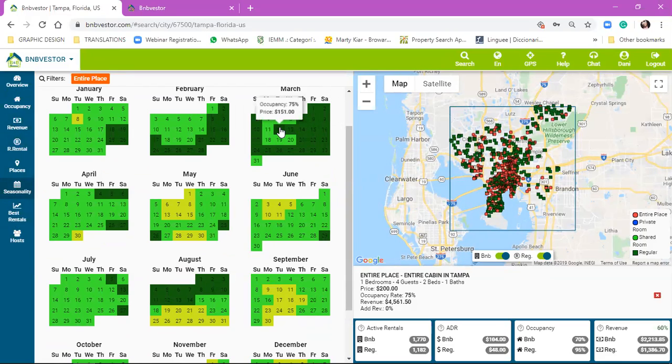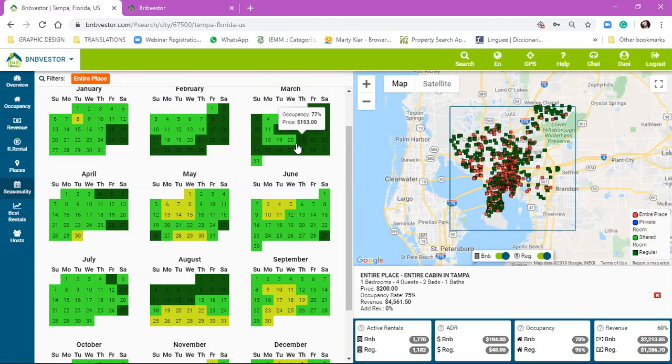You can see that in the week, for example, in this month of March that I'm looking at, we have a 70% occupancy rate. But you can see that when it hits the weekend, the prices start to go up. It goes from 150 to 172, 181, and then on Sunday it hits 160 again.